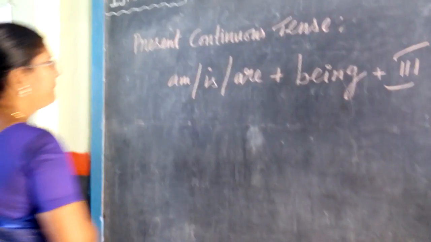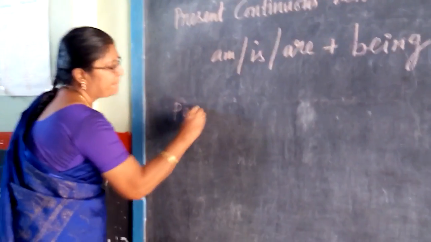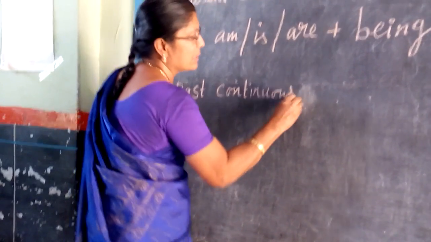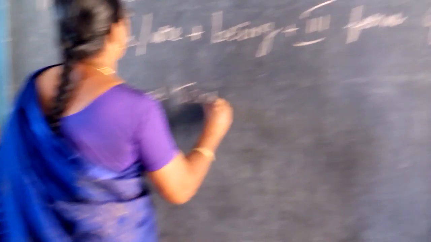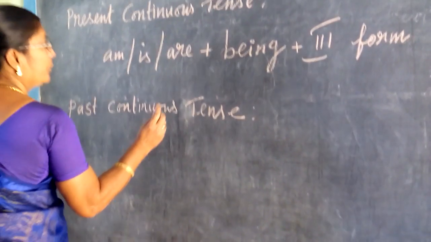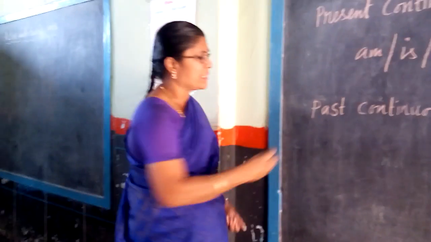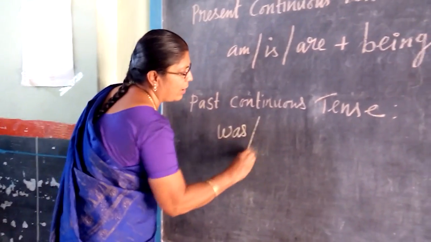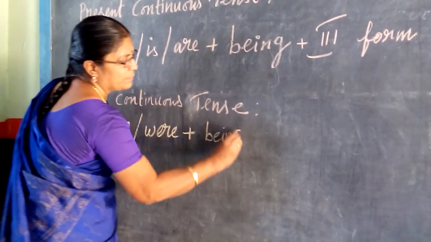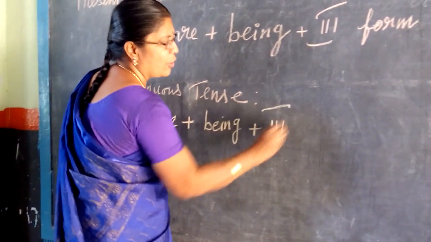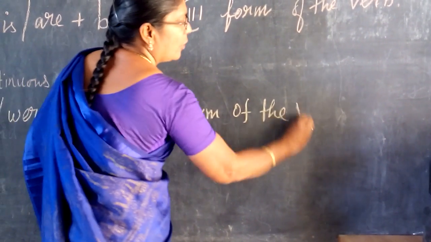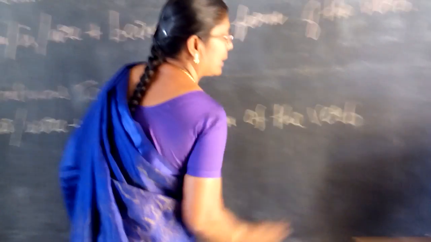Next one is past continuous tense. The structure for the past continuous is was or were plus being plus third form of the verb, or else you are calling it a past participle.